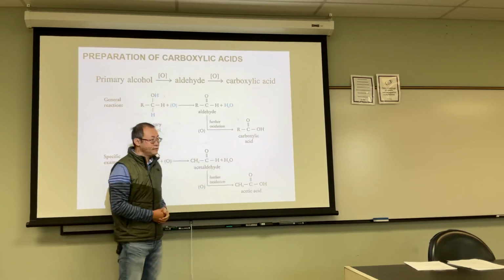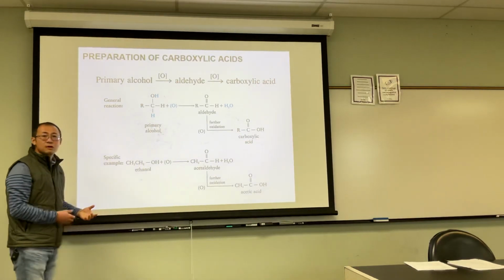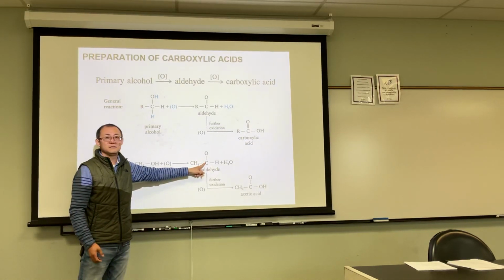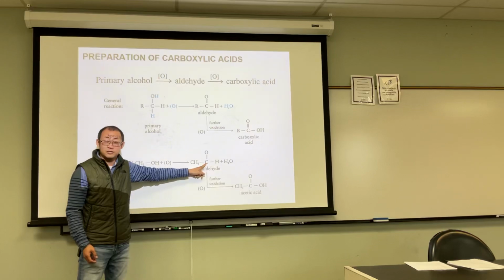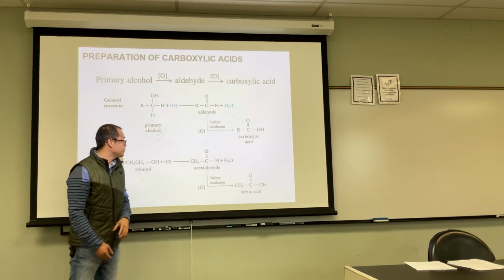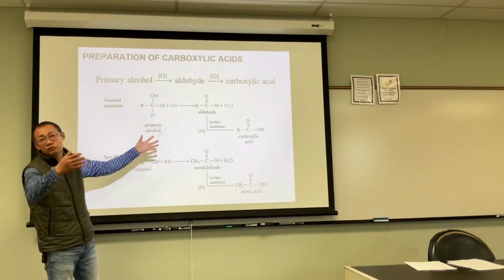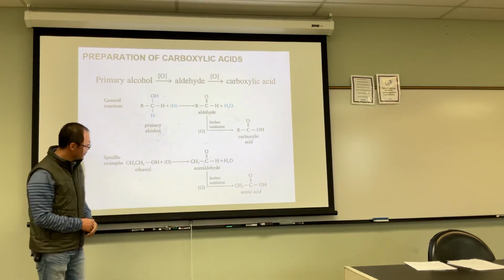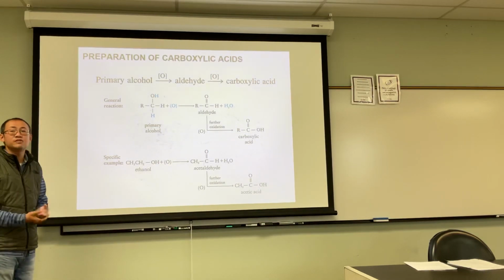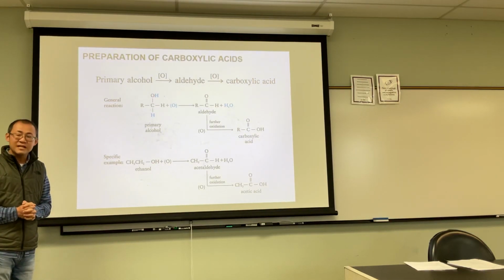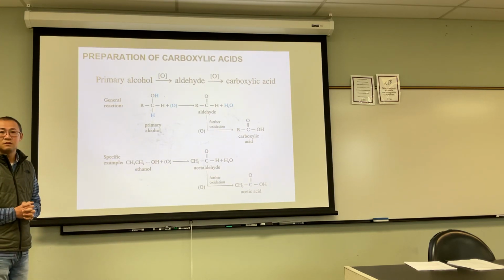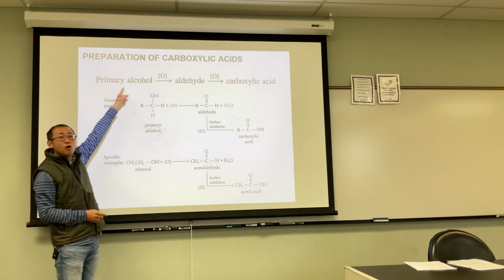Okay, carboxylic acid. And of course, a ketone, because the carbonyl carbon does not have a hydrogen attached, cannot be further oxidized. Oh, sorry, this is an aldehyde. It's not a ketone. Still an aldehyde. This is a real example. So this reaction also tells us a carboxylic acid can be synthesized from an alcohol.